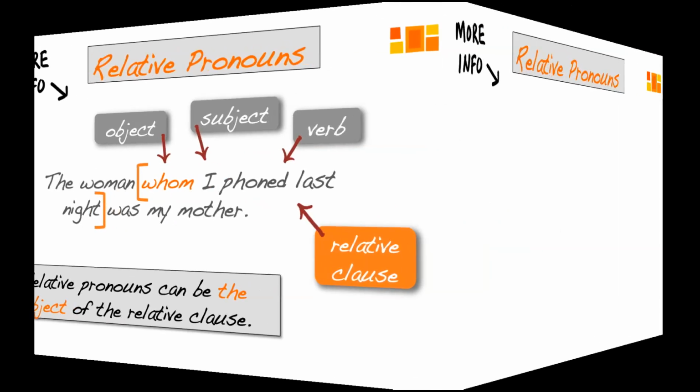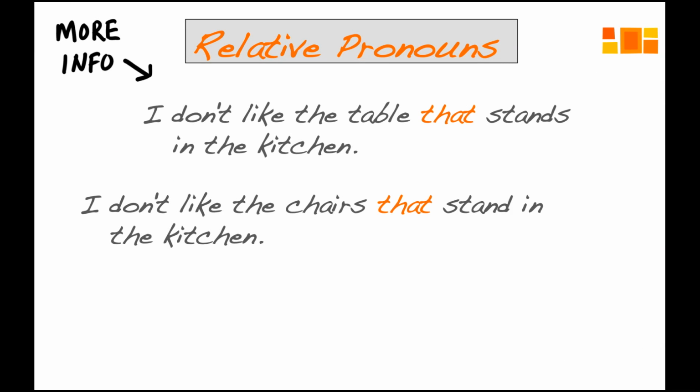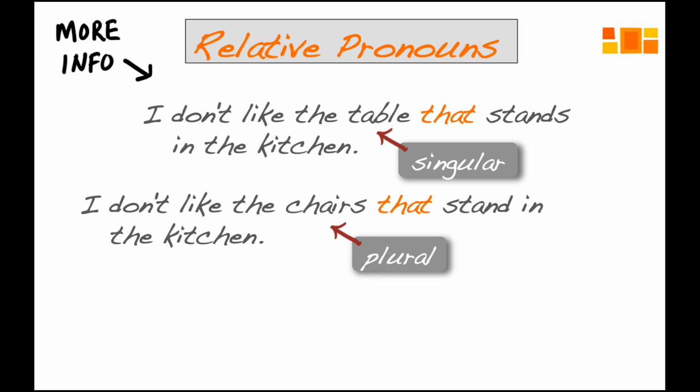And now we're almost finished with part number 1. I have a little piece of information left. Have a look at those 2 sentences. I don't like the table that stands in the kitchen. I don't like the chairs that stand in the kitchen. And you notice that the table here is singular and the chairs here is plural. And in both cases, your relative pronoun is that.